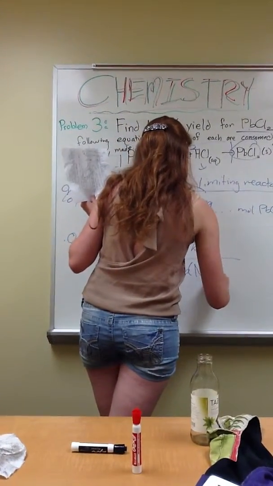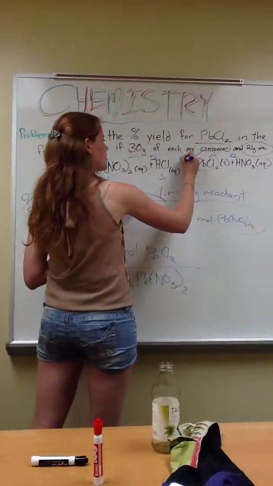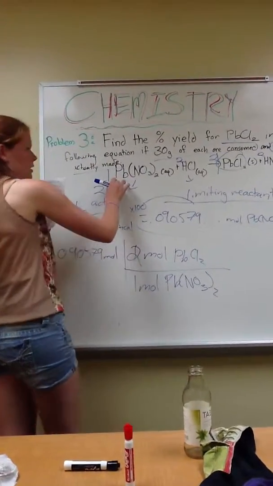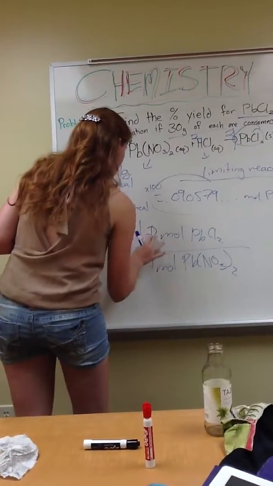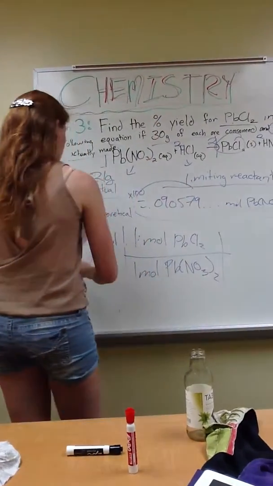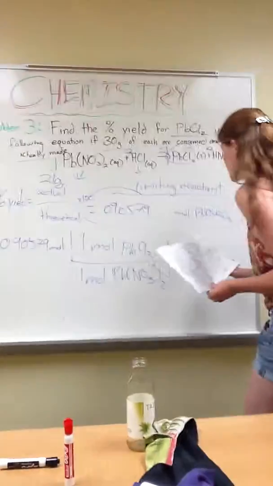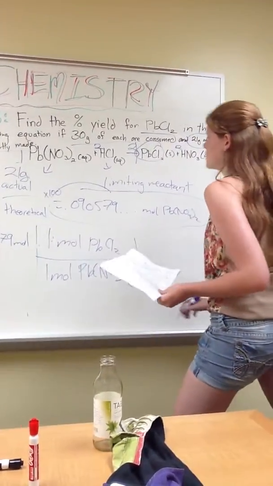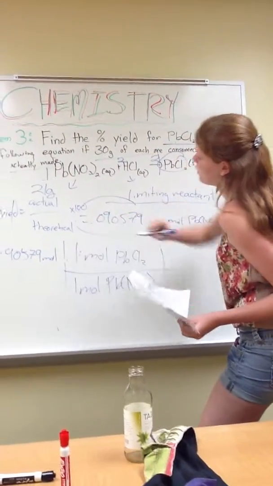This is really important because while these are only 1-to-1, sometimes 2 of these could be made, and that means that we would need 1 to every 2 of these, which will change the answer, but it's just 1 to 1. Alright, so then we know that this amount doesn't really change because the ratio is just 1. So now we just need to take the moles and turn them into grams because we have grams for our actual yield, so we're going to need grams for our theoretical yield.